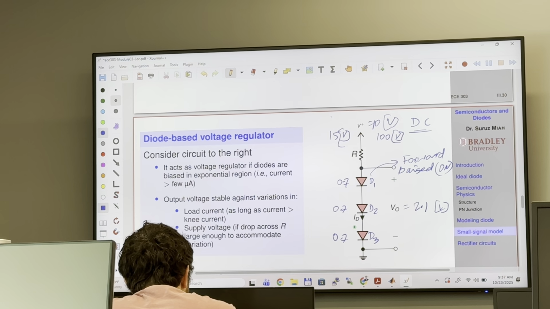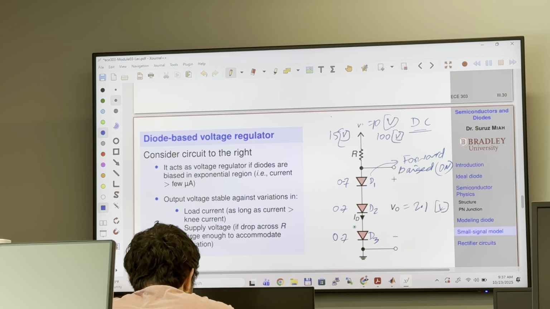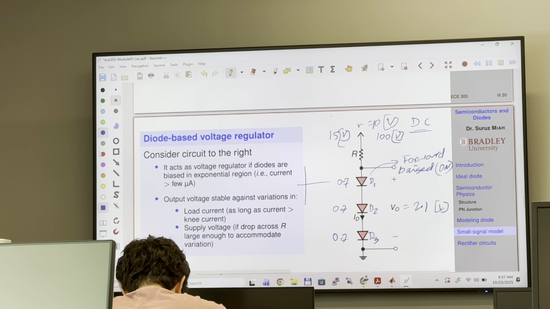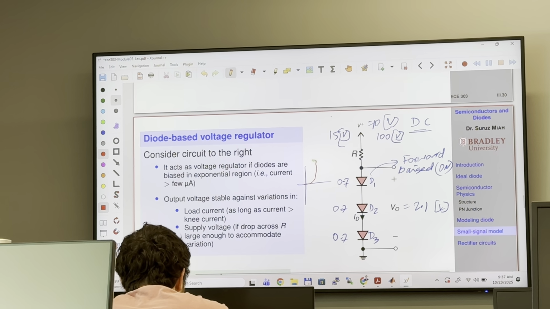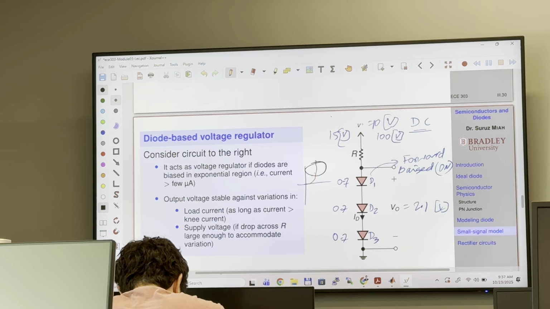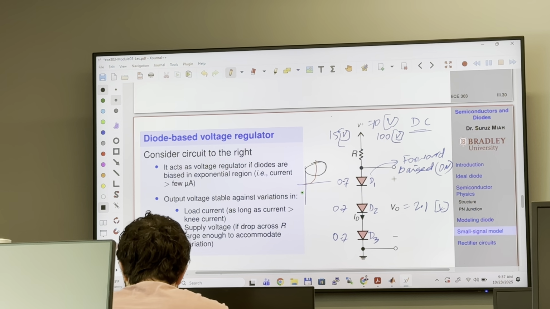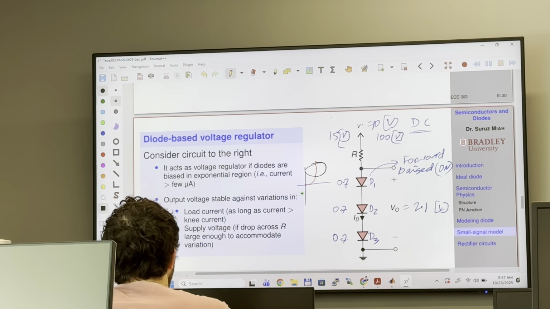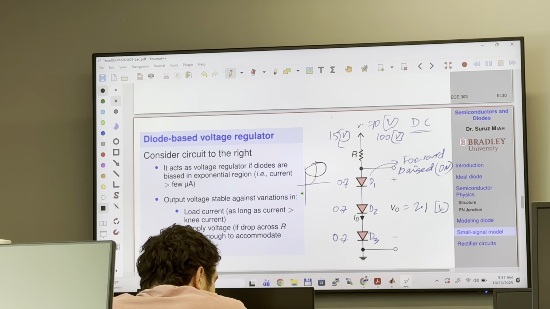Not only that, they have to operate in the exponential region. You see the diode characteristics curve. The diode has to operate in the exponential region, which means that high current should flow through the diode. If that is the case, we can simply design a voltage regulator using a bunch of diodes connected in series.